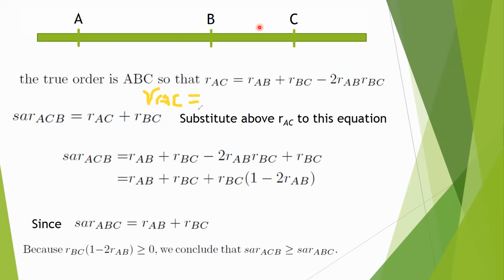I hope you still remember that recombination between A and C means either there is a recombination between A and B but at the same time no recombination between B and C. This is one possible situation.